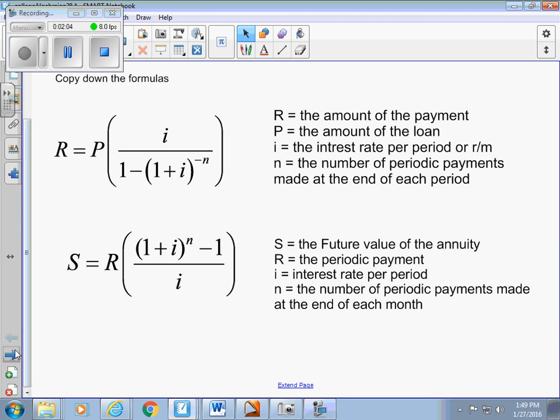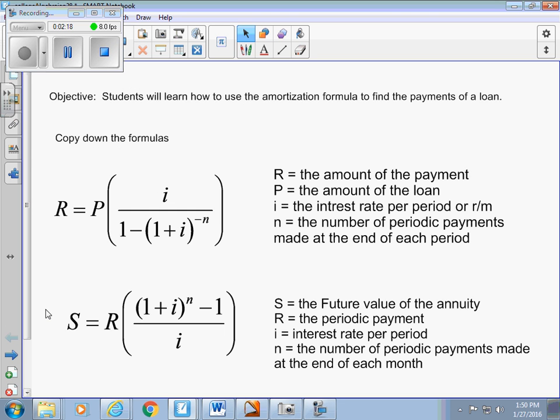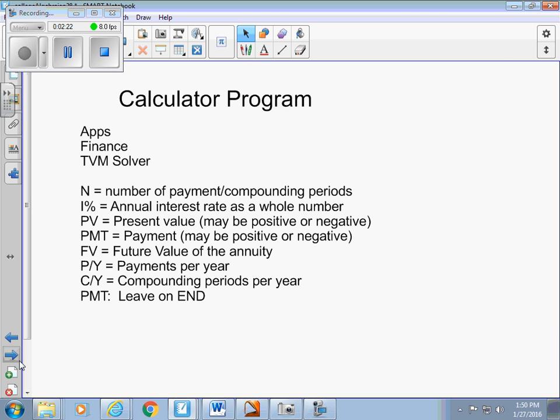So we're going to be working with these two formulas today. The other thing we're going to work with today is a calculator program if we have time. If we don't, I'll show you this tomorrow. This is a calculator program that does both of these formulas in one. It's built into your calculator.